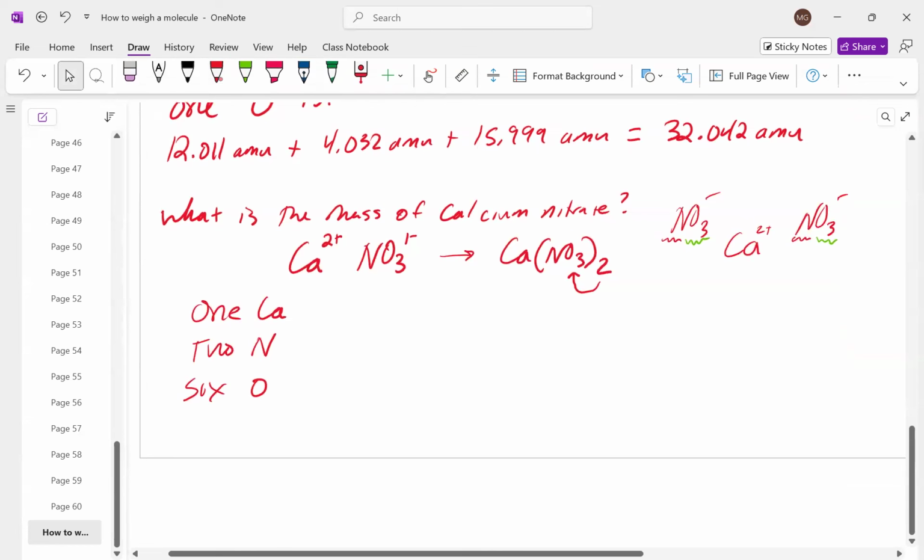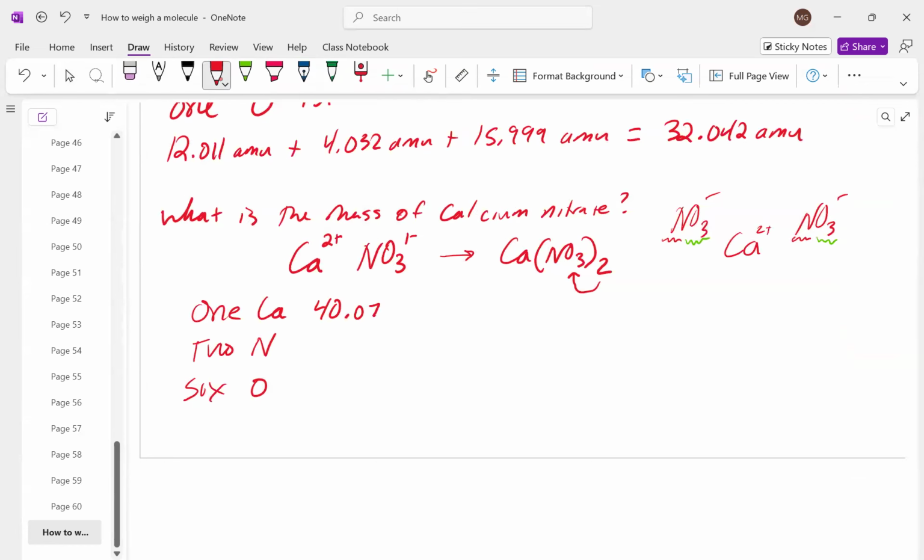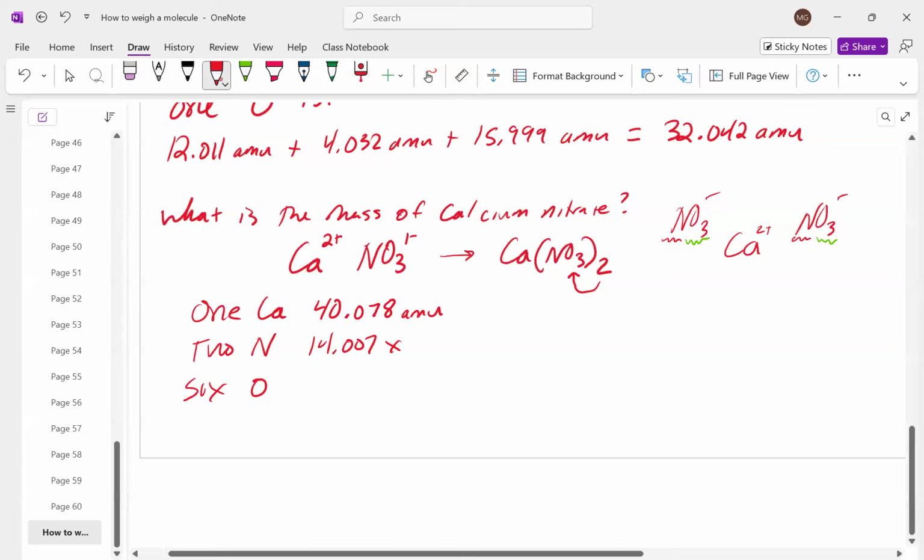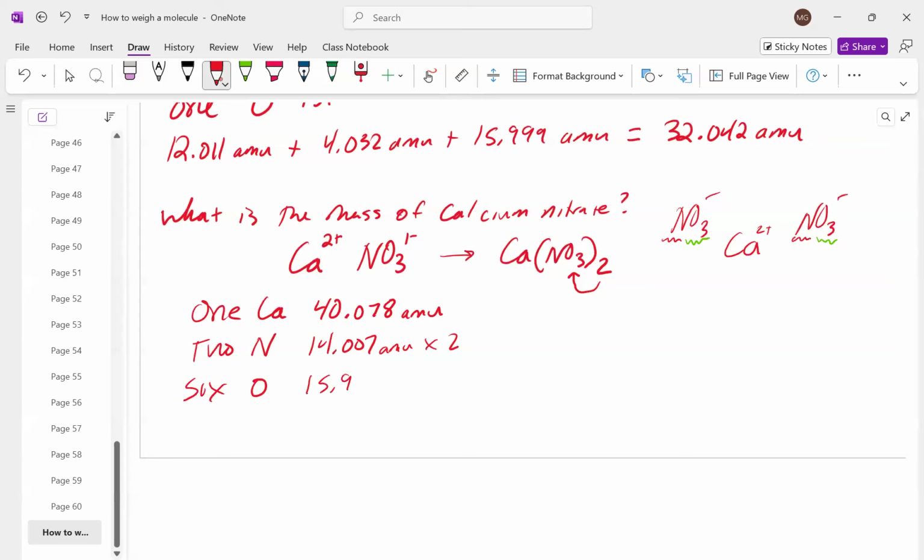All right, now I'm just going to look the masses up on the periodic table. So calcium is 40.078 atomic mass units. Nitrogen is 14.007, but I'm going to multiply it by 2. And then oxygen is 15.999.